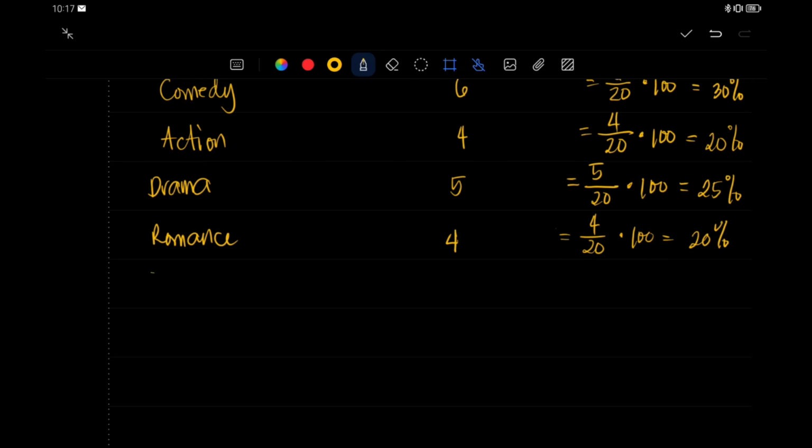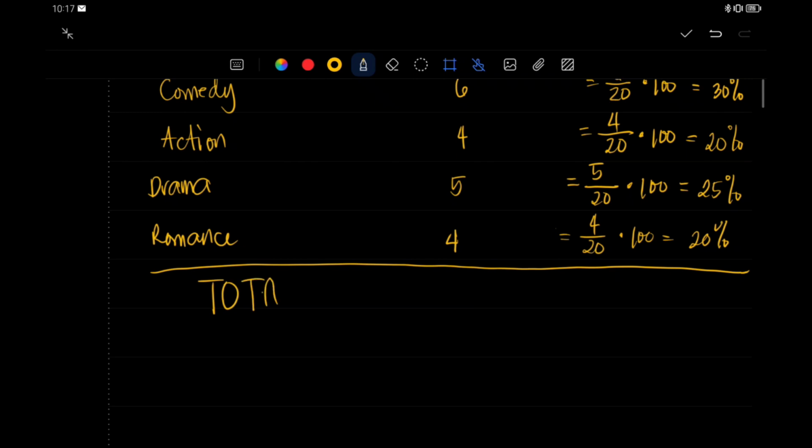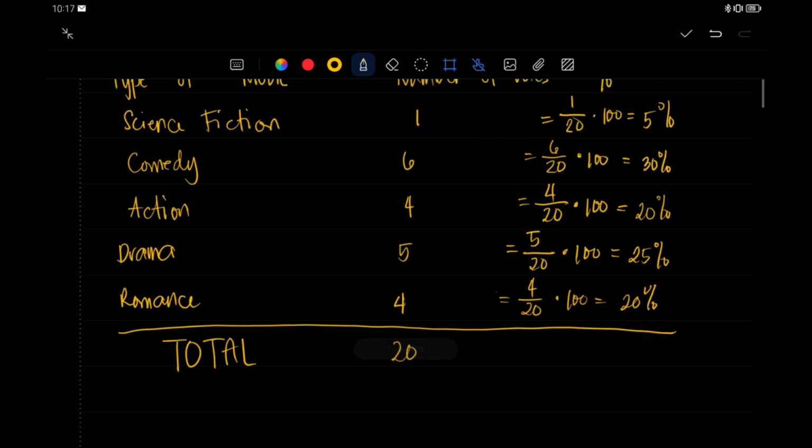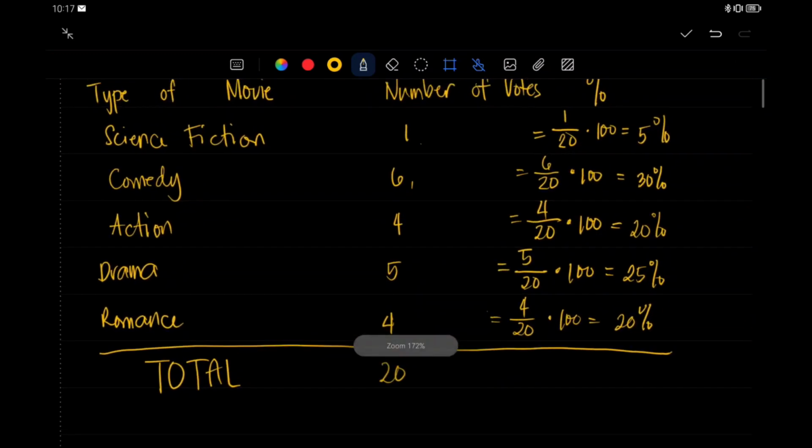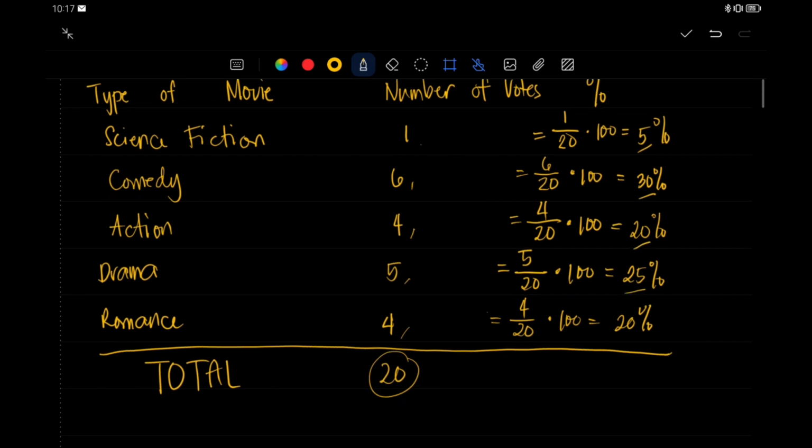So if we add all of this, the total is 20: 1 plus 6 is 7, plus 4 is 11, plus 5 is 16, plus 4 is 20. Here, 5 plus 30 is 35, plus 20 is 55, plus 25 is 80, plus 20 is 100%.